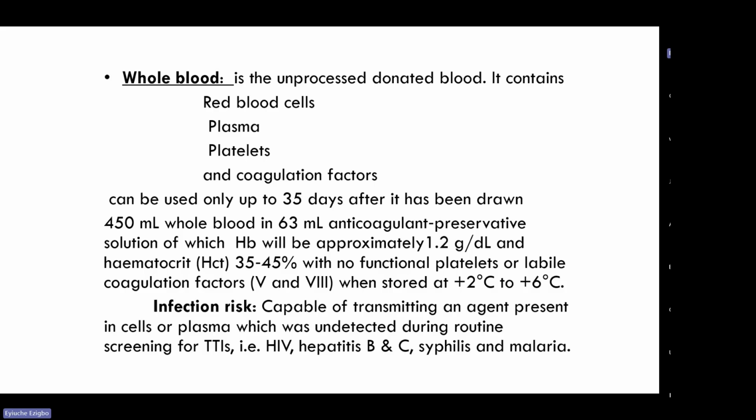It is 450 ml of whole blood in 63 ml of anticoagulant preservative solution, with hemoglobin of approximately 1.2 gram per dl and hematocrit of 35-45, with no functional platelets or labile coagulation factors when stored at +2 to +6.